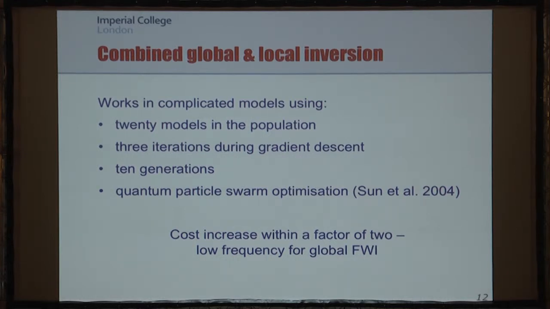QPSO is essentially the evolution of PSO, which was developed in the mid-90s. So it's a branch of swarm intelligence. The reason that we opted to use it is that it only has a single heuristic tuning parameter. So it's quite simple.